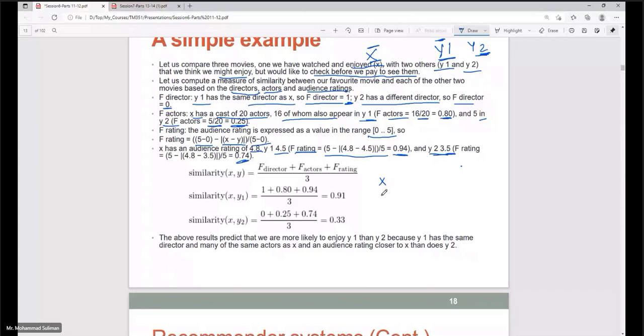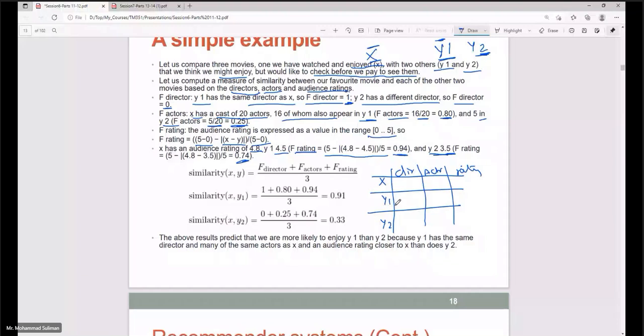The three factors are director, actors, and rating. We find that the X director and Y1 director are the same, so it is 1 here.